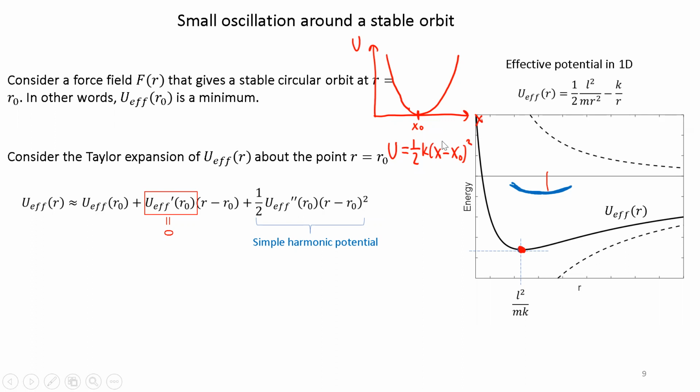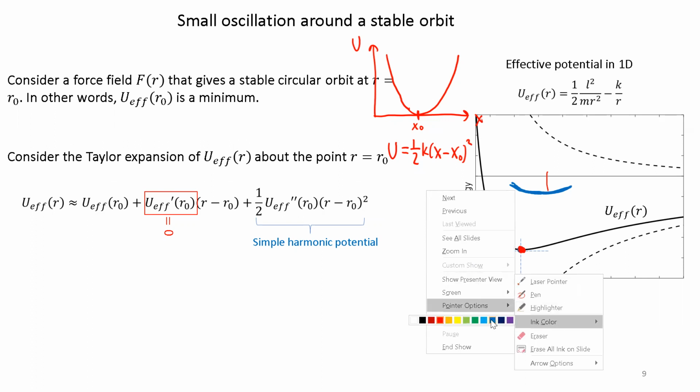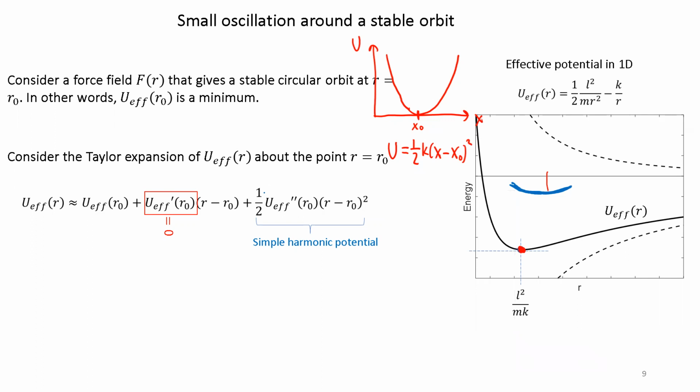And you can see that the second order derivative of U plays the role of your spring constant k. Let me draw that line again.